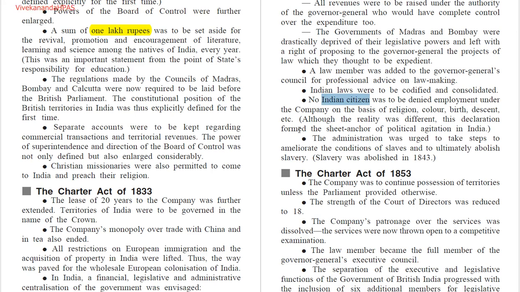So although the provision was in the Charter Act of 1833 that no Indian should be denied employment, the Board of Control pressured that the higher administration should be kept aside from any Indian participation. So there was no All India Services till 1833. ठीक है, इस बात को ध्यान रखिए. Although the provision was announced, it was not given.